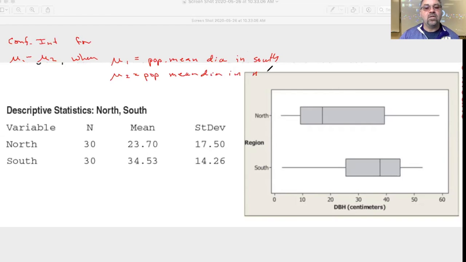And I am going to go ahead and use mu1 and mu2. I could call it mu south and mu north.